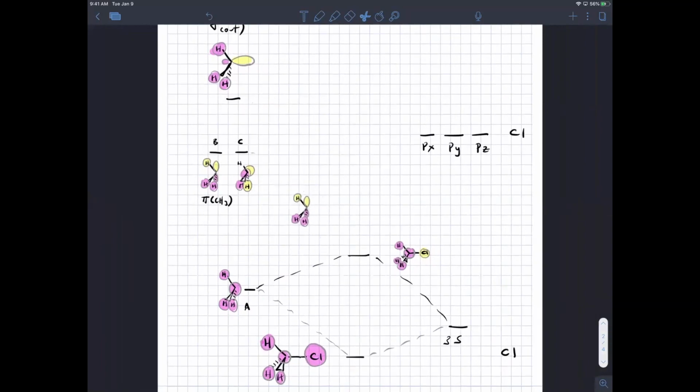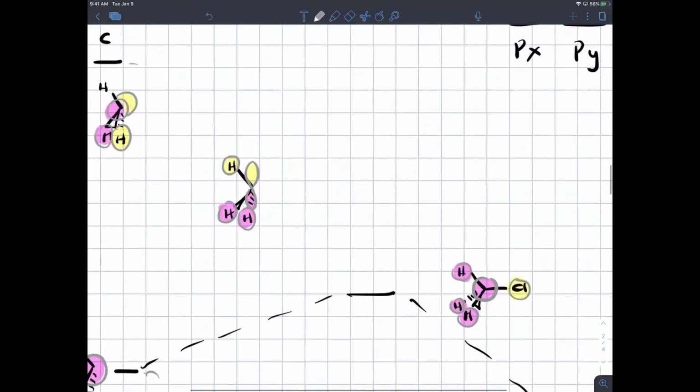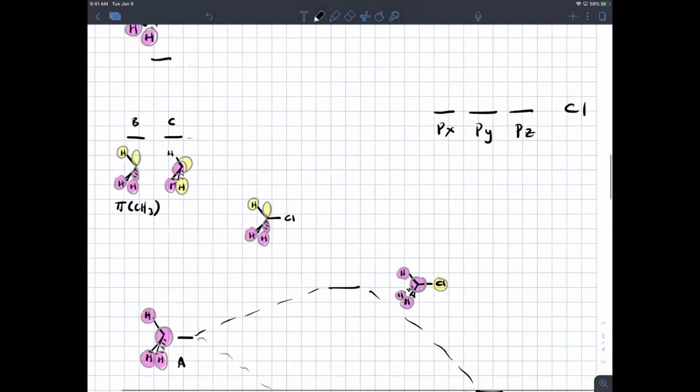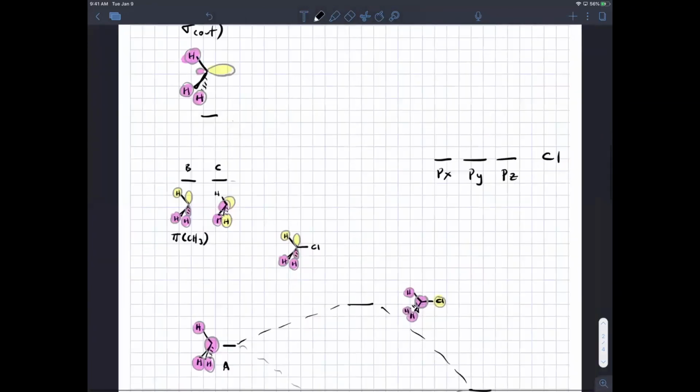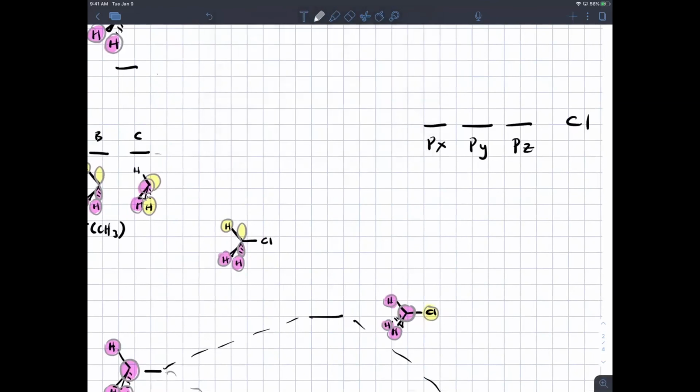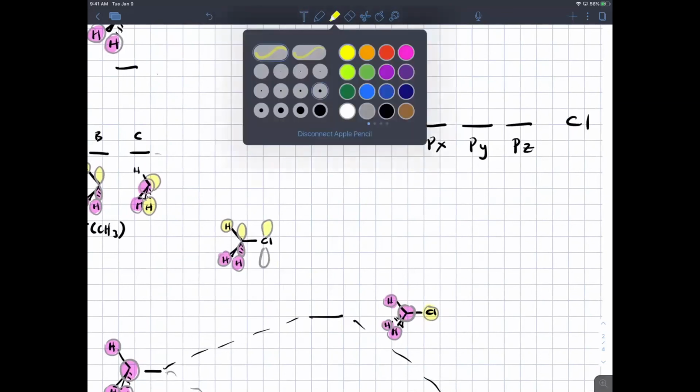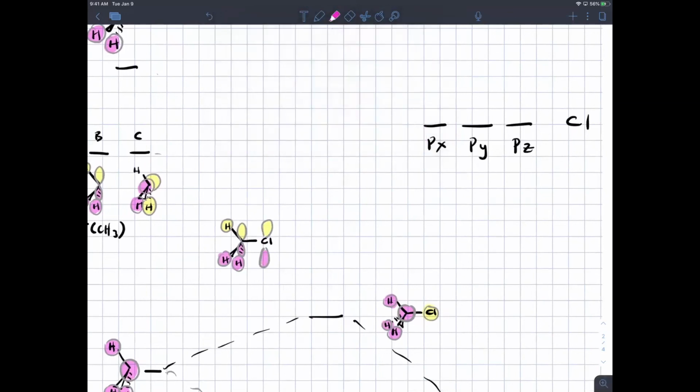Sure, if we took this particular pi CH3 orbital, we could use the corresponding, let's see our coordinate system, I guess the px orbital on chlorine, and we could generate that in phase combination.